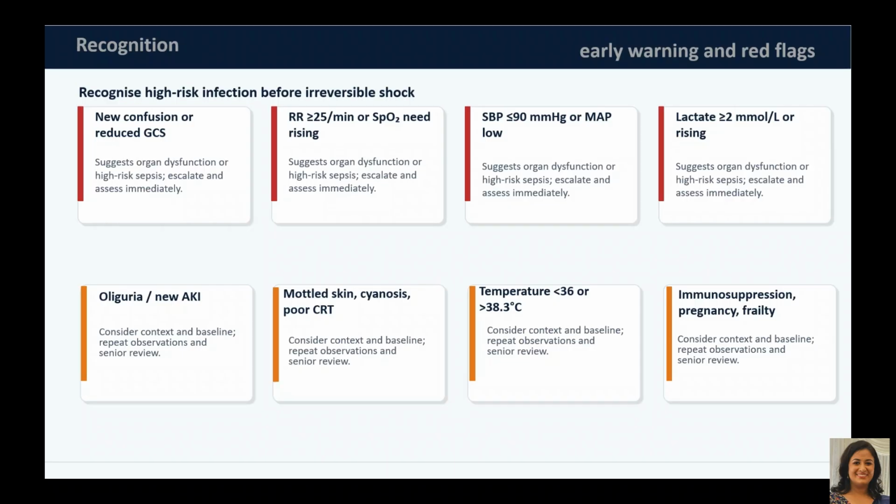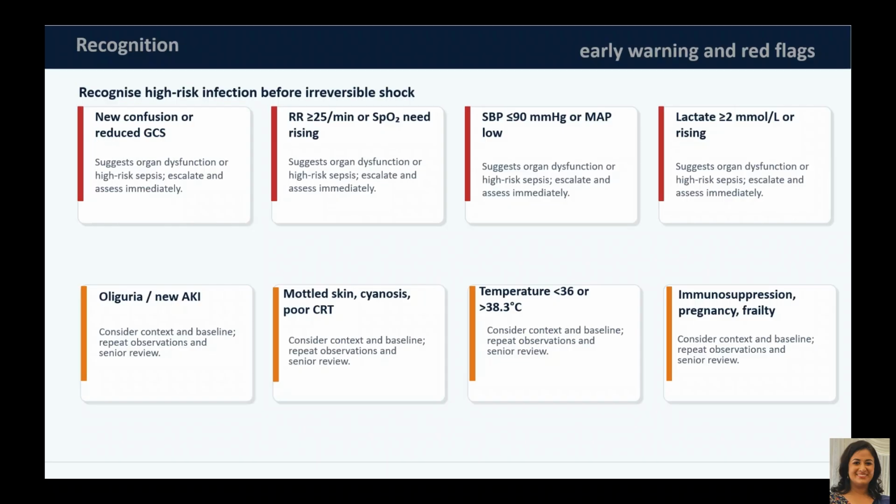A patient with possible infection who is deteriorating, developing new confusion or reducing GCS is one red flag. The other one is tachypnea and decreasing saturation. If the patient is unable to maintain the systolic blood pressure or the MAP, that is another feature. And if the lactate is rising, that is also another red flag.